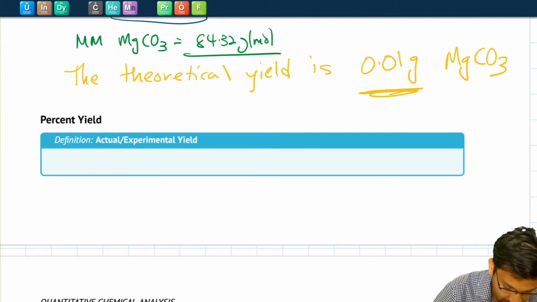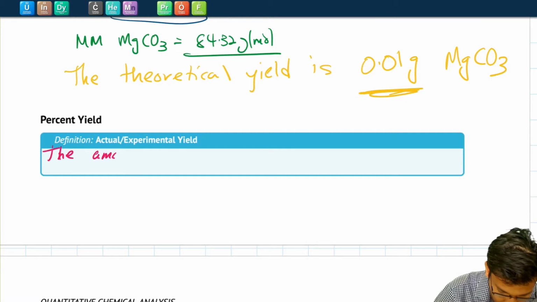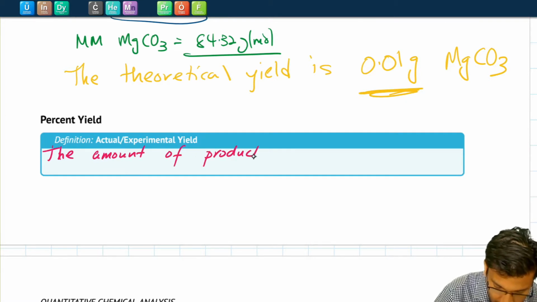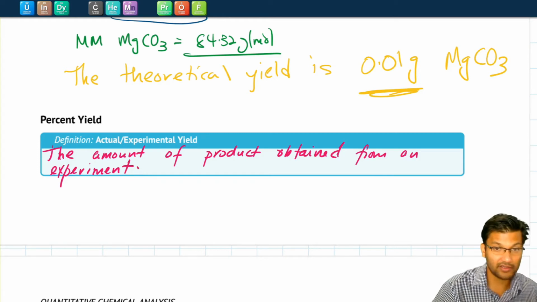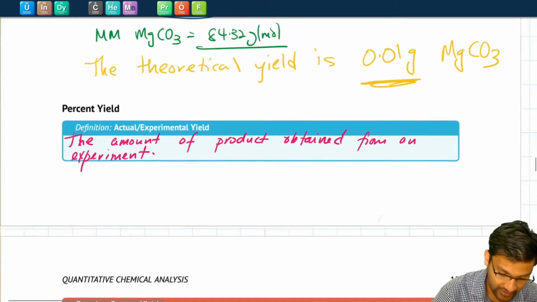So the experimental yield is the amount of product obtained from an experiment. And typically this will be smaller than the theoretical yield that you calculated before for the reasons that I mentioned.